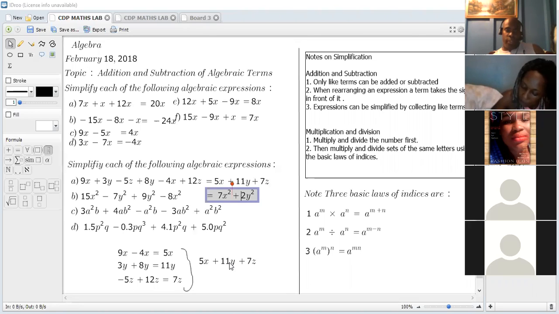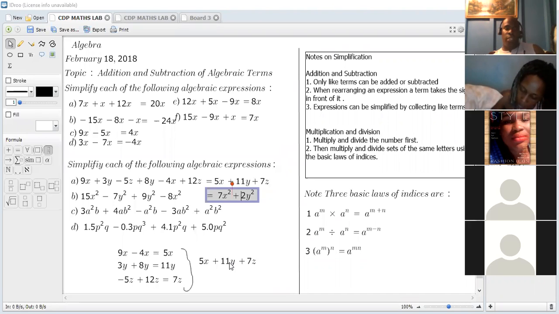It's 3a squared b minus a squared b. Those are the two like ones, yes. No, but I'm taking out the a's first.